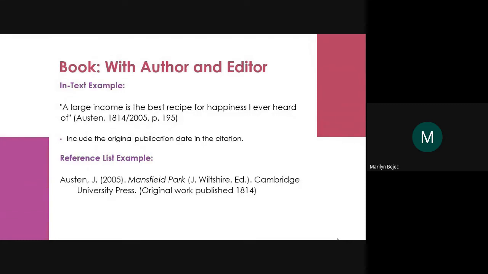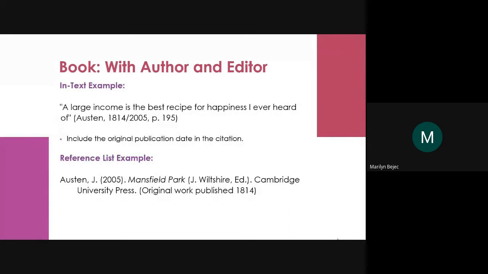In the reference list, you have Austin, the author, and then the copyright year, 2005, it is the year it was edited. And then you have here the title of the book, and then you have the editor's name in parentheses.